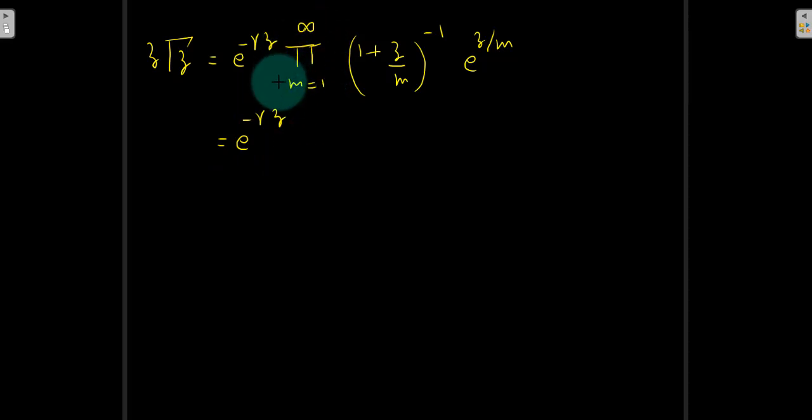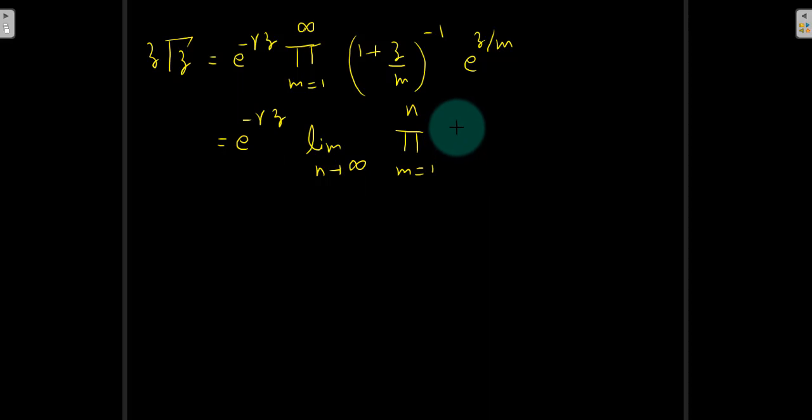And yes, as we know the sequence of partial sums, the same way we have a sequence of partial products here. So we can directly write it as limit n tends to infinity, the product for m equals 1 to n, of the same thing: (1 plus z over m) to the power minus 1 times e to the power z over m.